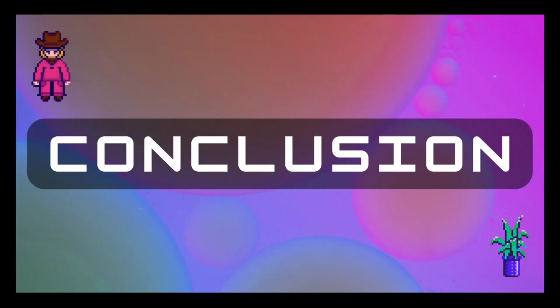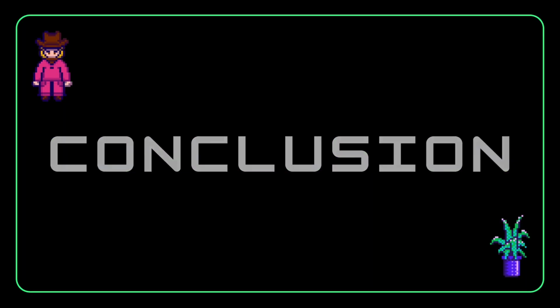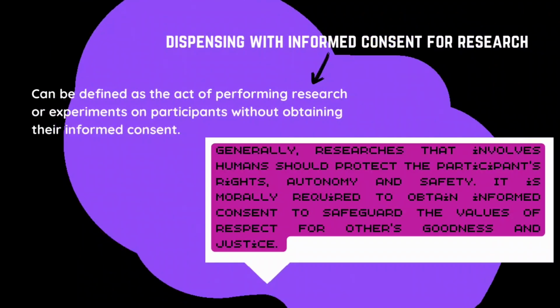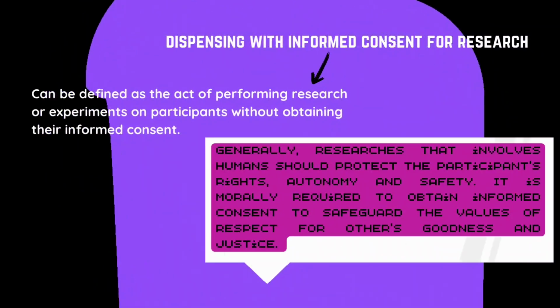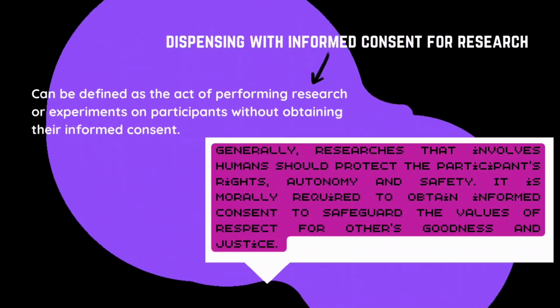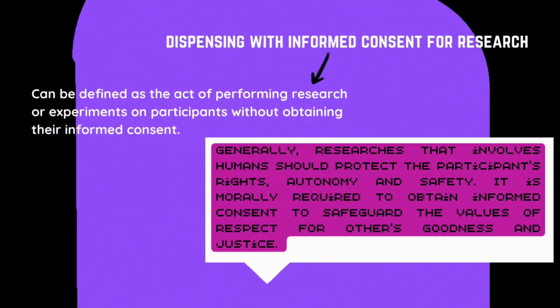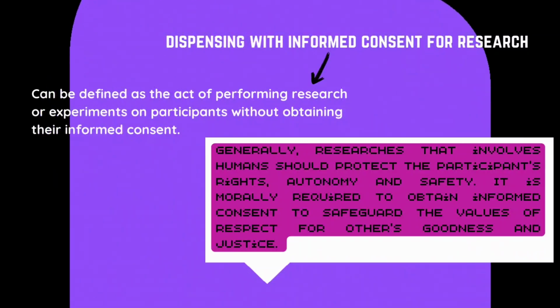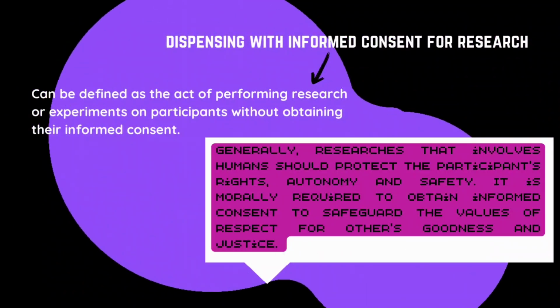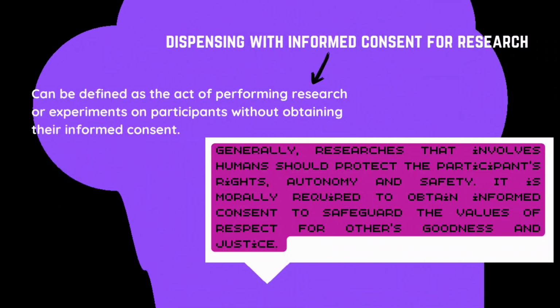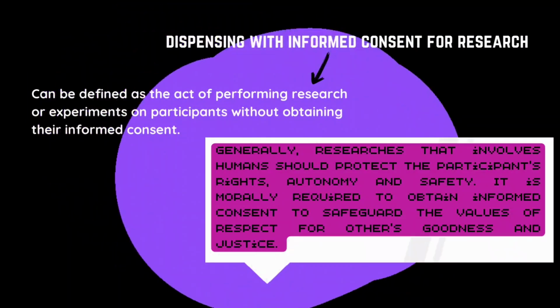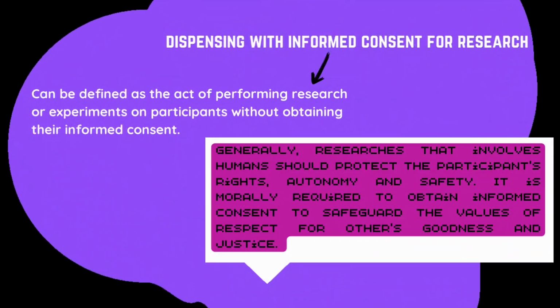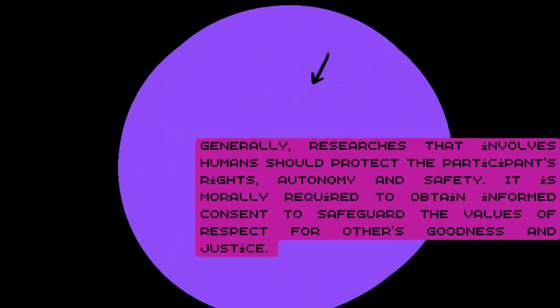To summarize, dispensing with informed consent for research can be defined as the act of performing research or experiments on participants without obtaining their informed consent. Generally, research that involves humans should protect the participants' rights, autonomy and safety. It is morally required to obtain informed consent to safeguard the values of respect for others, goodness and justice.